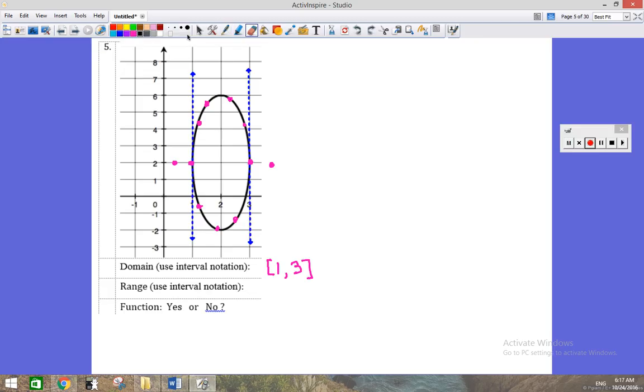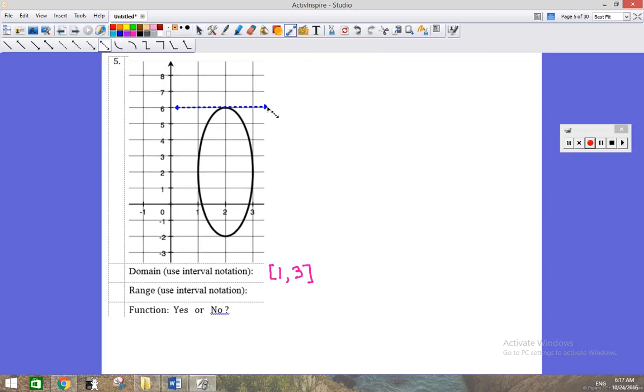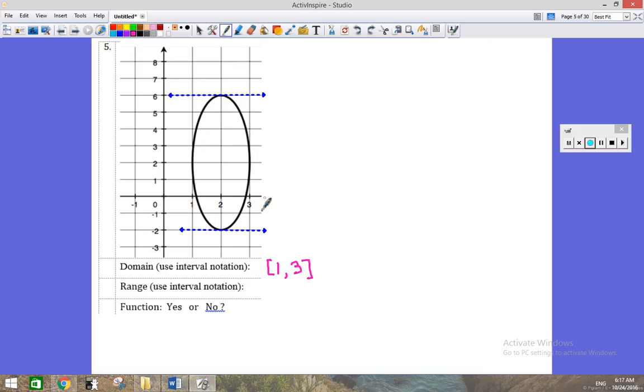The same idea can be applied to the range. It's also sandwiched between two values. It has a maximum value of y equals 6, a minimum value of y equals negative 2. Any point on the graph, no matter where you put the point on this oval, the minimum y value is negative 2, and the maximum y value is 6.